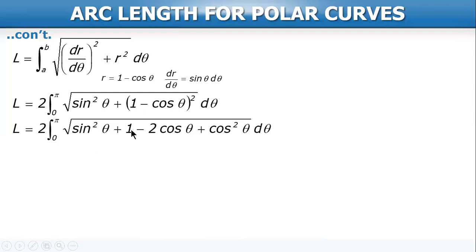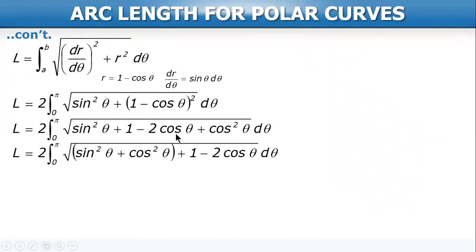Expansion of this is this one. And then if we rearrange, sine squared plus cosine squared plus 1 minus 2 cosine theta. Now this is an identity, 1. And so we simplify, the result is this. And then we factor out 2.